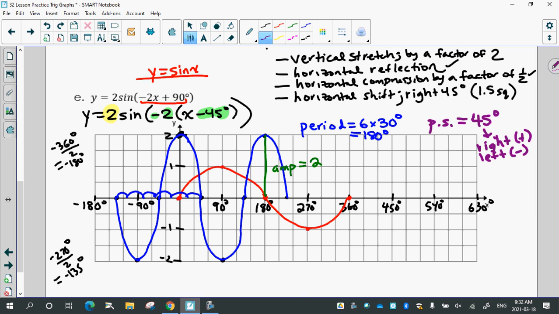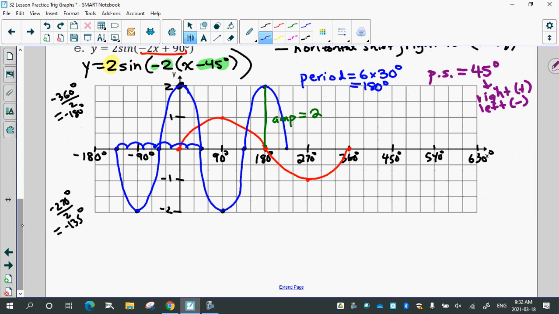And then domain and range for what you drew. This is the domain, leftmost. So figure out where that starts.